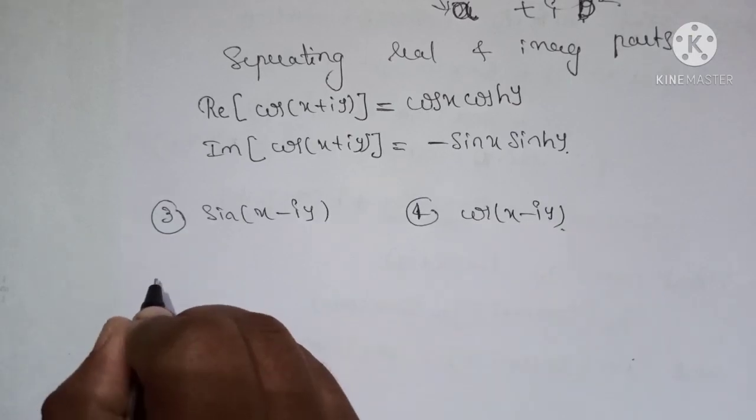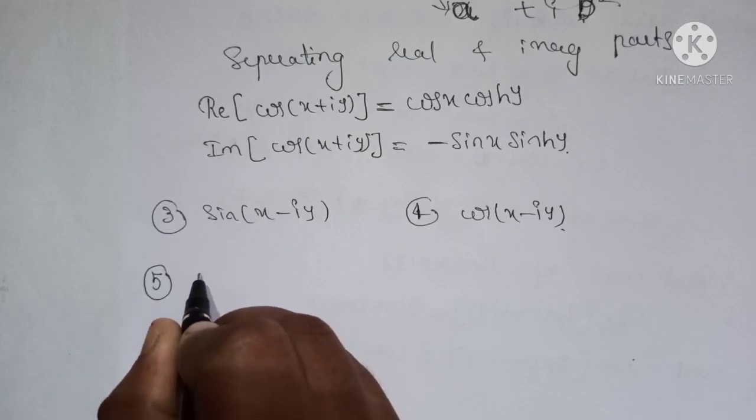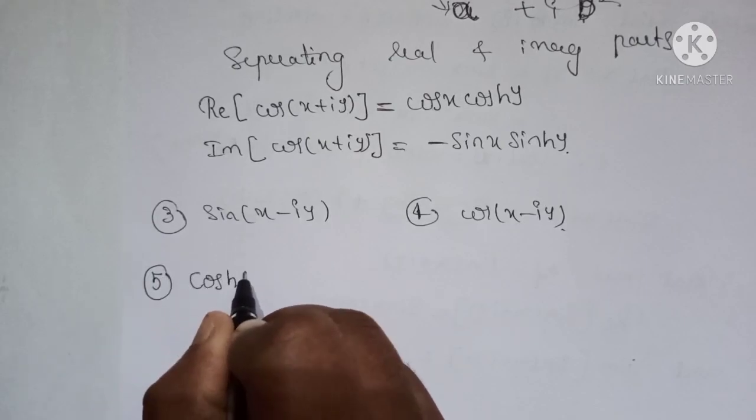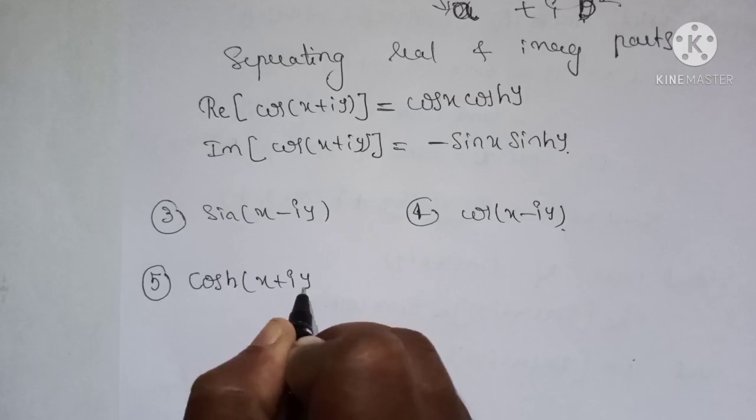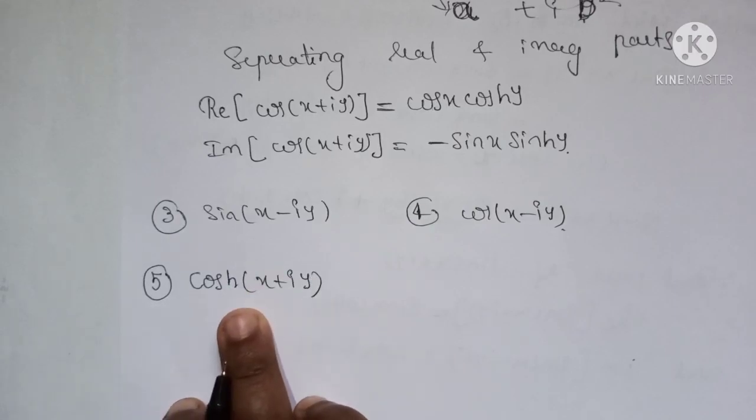Next we solve another problem, cosh of x plus iy. Here the given function is of the hyperbolic function form. So here we can apply the hyperbolic functions formula, and then we get the answer.